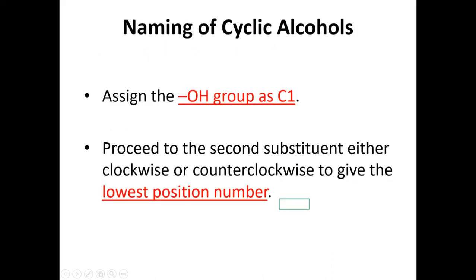How to name the cyclic alcohol? Assign the OH group as C1 and proceed to the second substituent, either clockwise or counterclockwise, to give the lowest position number.